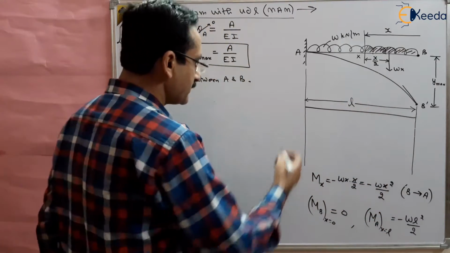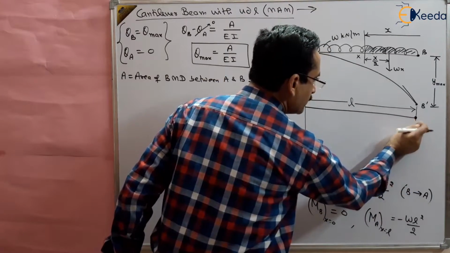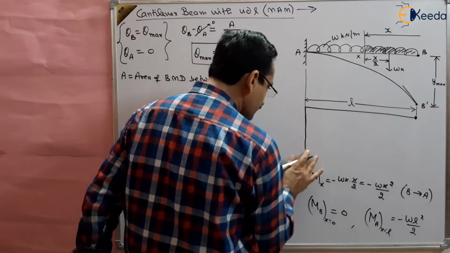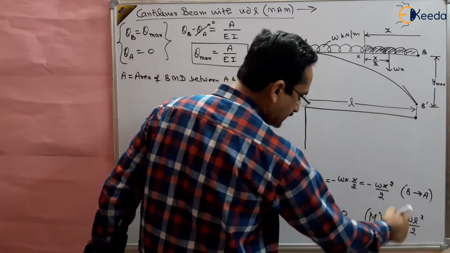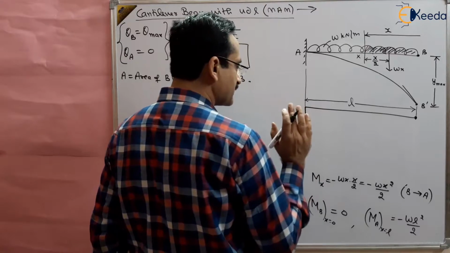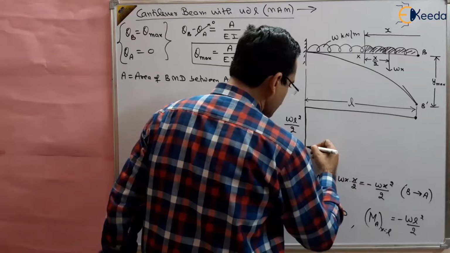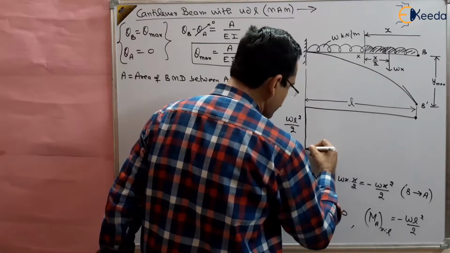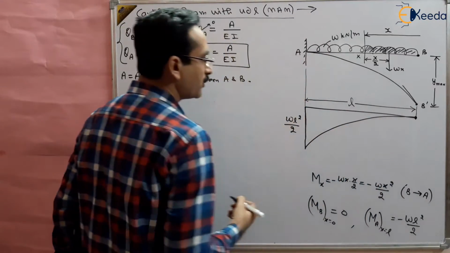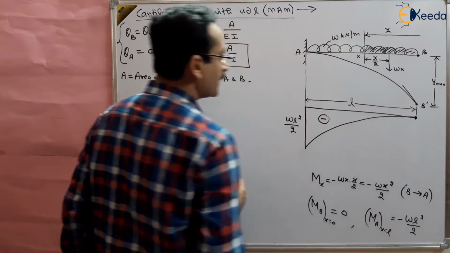So at point B the bending moment is 0, and at point A the value is WL square by 2 on the given scale. This is a parabolic curve, convex inside, like this, and it is negative.